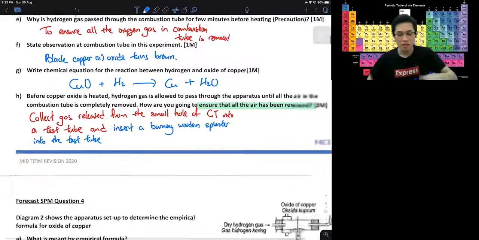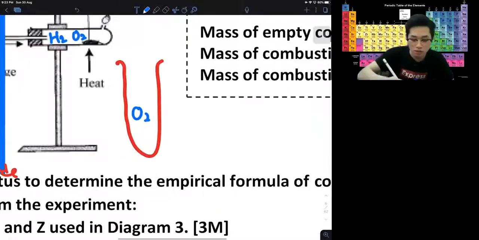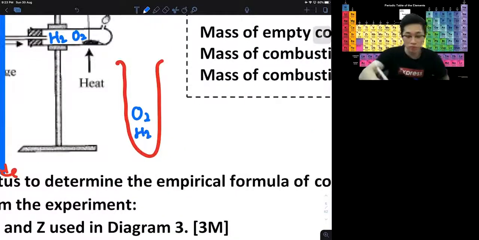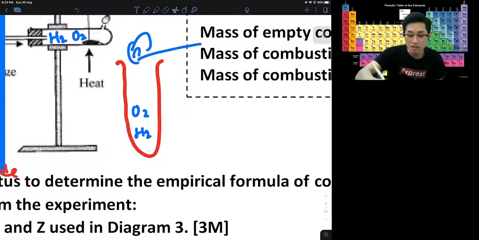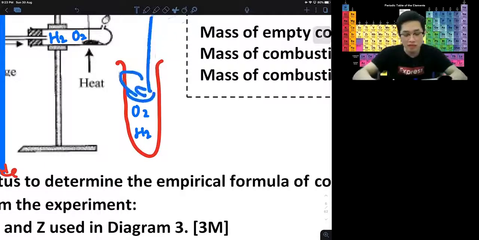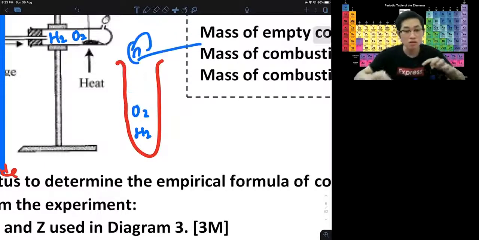Why? In the tube already got H2. You want to find out whether it is a mixture of H2 and O2 or not. You just have to insert this burning wooden splinter into the test tube.